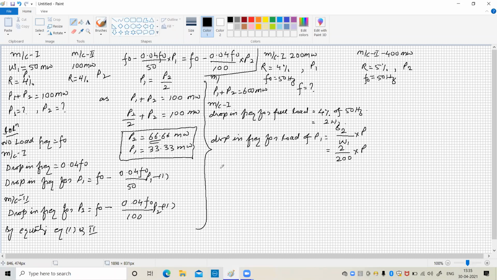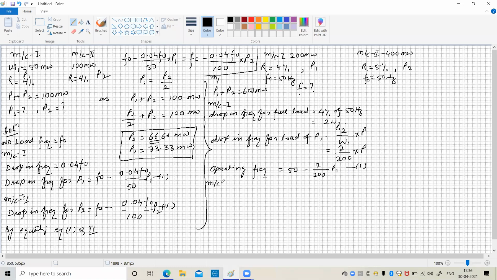Therefore, the operating frequency is equal to the no load frequency 50 hertz minus the drop in frequency for load P1. Say this is equation number 1.